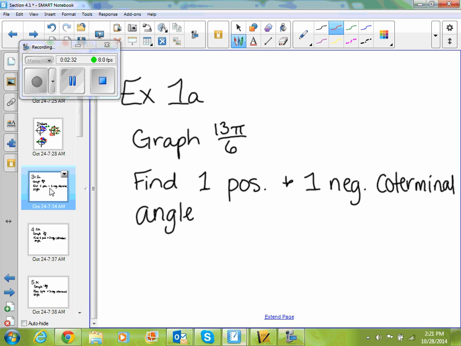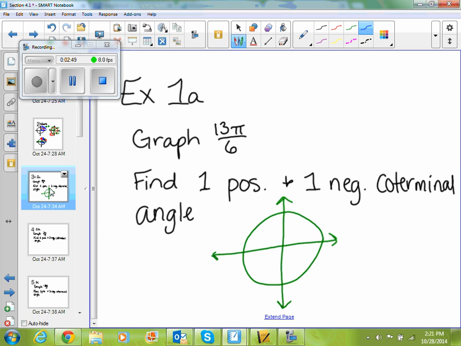Alright, so if I look at example 1, it says to graph 13 pi over 6 and then find one positive and one negative coterminal angle. So I'm going to sketch my circle. I know that all the way around my circle is 2 pi, so I'm going to take 2 pi away from 13 pi over 6, because this is an improper fraction.